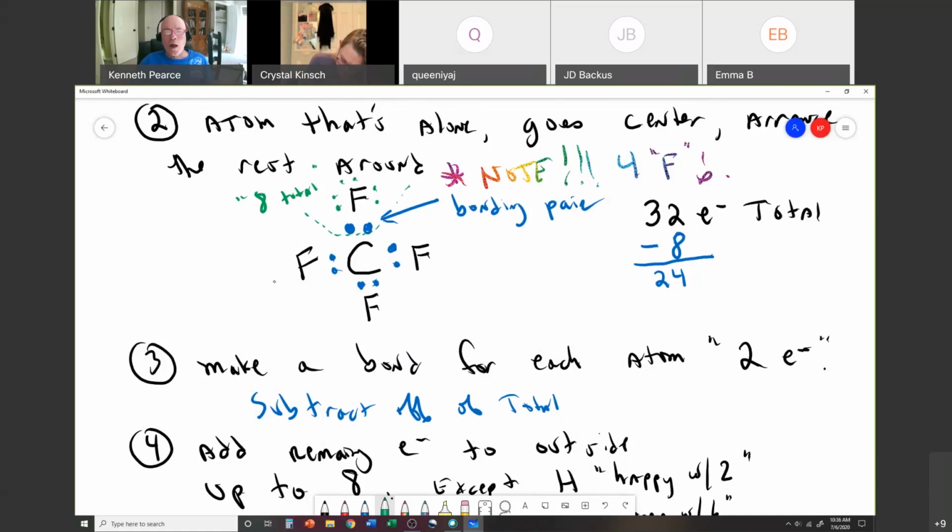Okay, now I have 4 fluorines, so I need a maximum of 4 times 6, which equals 24. Because there's 4 fluorines, and I have room for 6 on each one. Do I have 24?